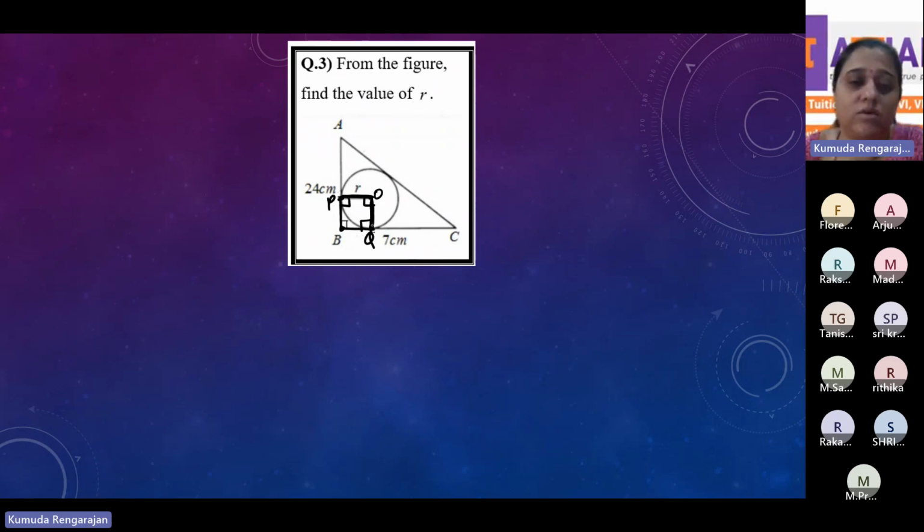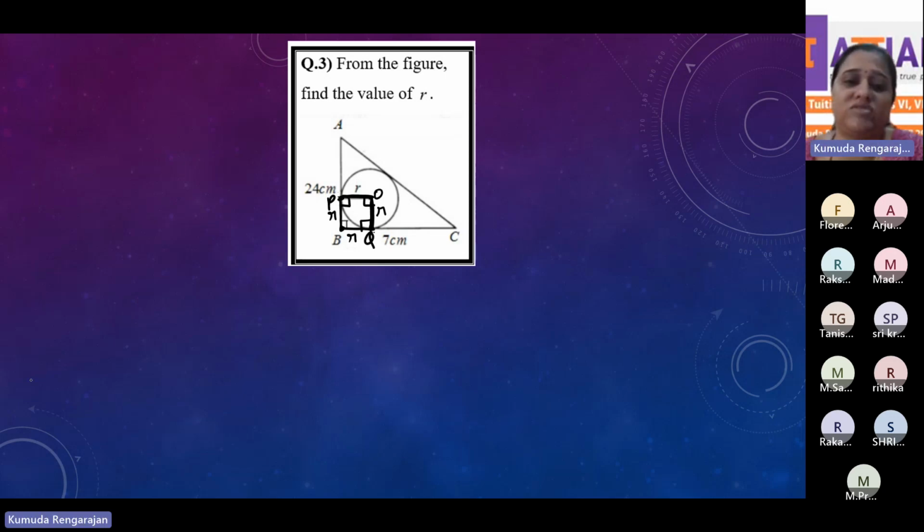So OQ is already R because it is a radius. BQ is also R. PB also is R. BQ and BP cannot be the radius of the circle. Their lengths are equal to the radius. Because we have marked BQ and BP as R, we know that they are not the radii of the circle. The length of BQ and BP is equal to the radius of the circle. They measure like 5 centimeters, 6 centimeters, but they are not the radii.